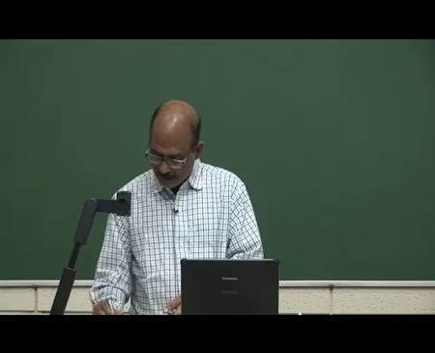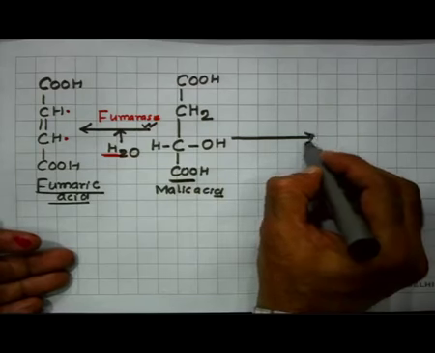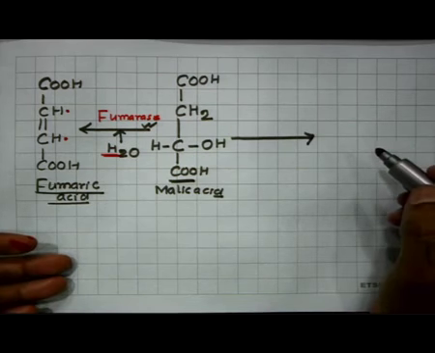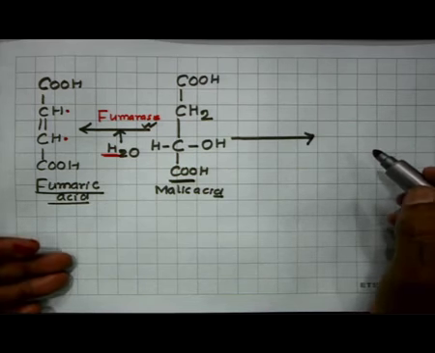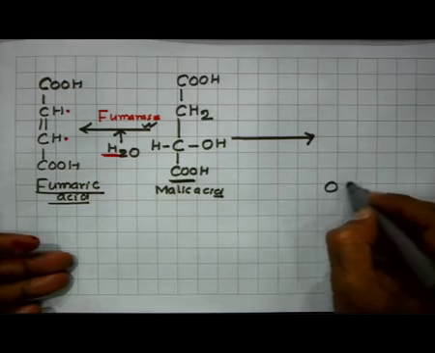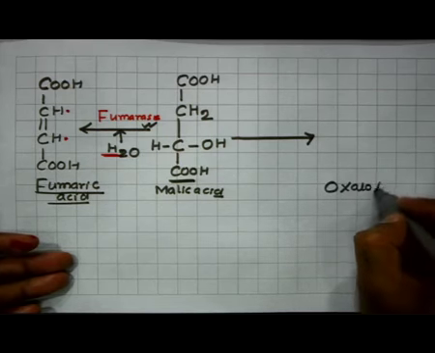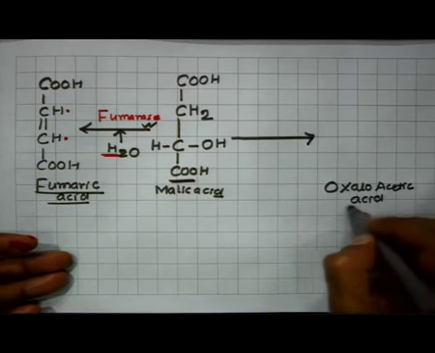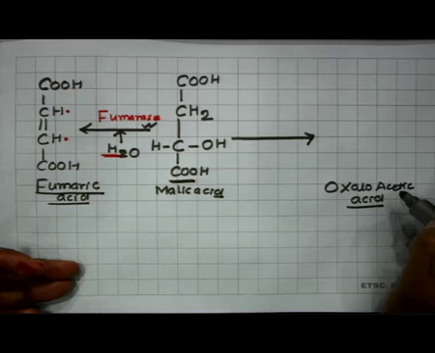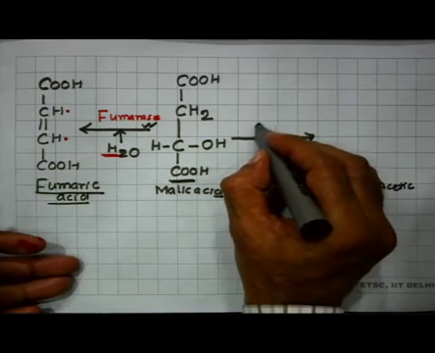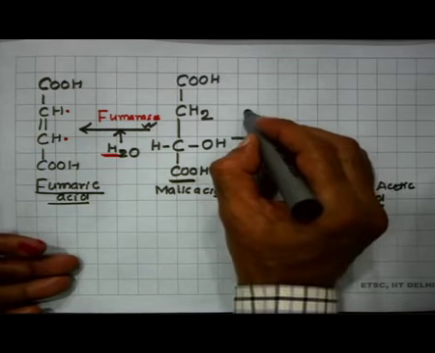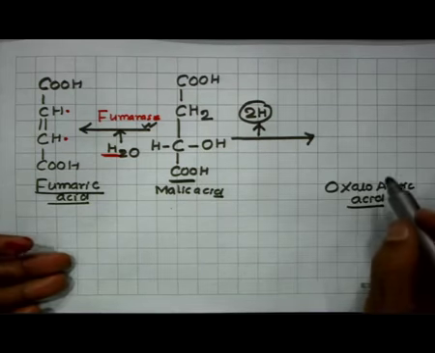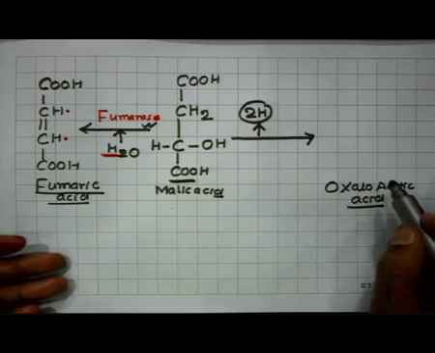Now, the last step of the Krebs cycle: from malic acid, the acceptor of acetyl coenzyme, that is oxaloacetic acid, is formed. In this process, there is the removal of hydrogen from the malic acid to form oxaloacetic acid.